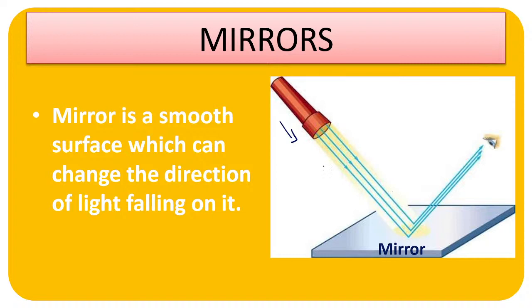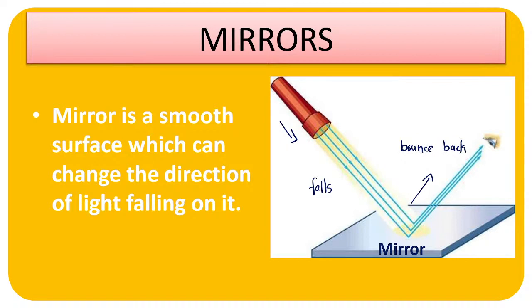When you project light with the help of a torch onto the mirror, what does the mirror do? Mirror changes the direction of the light which falls on it, isn't it? When the light falls onto the mirror, the light goes back in the other direction. So light bounces back.